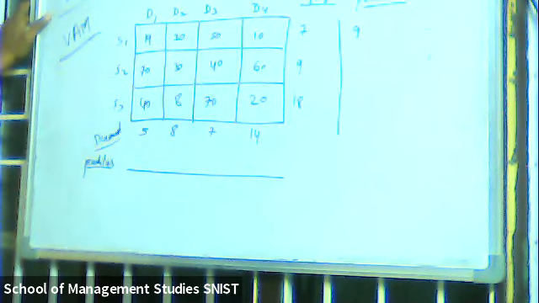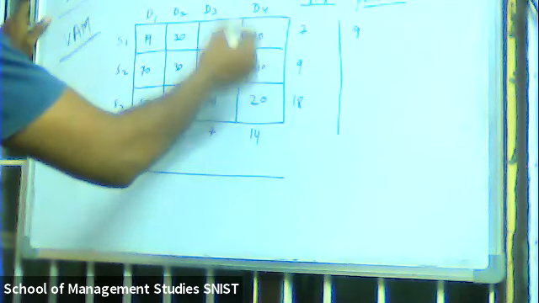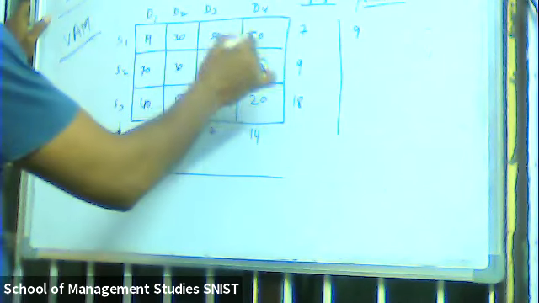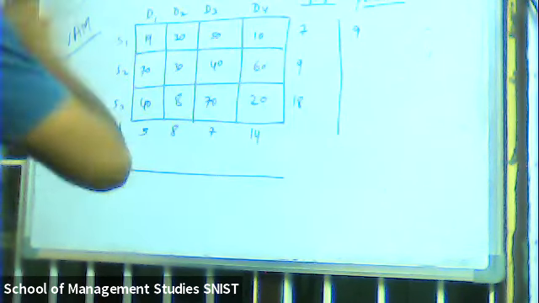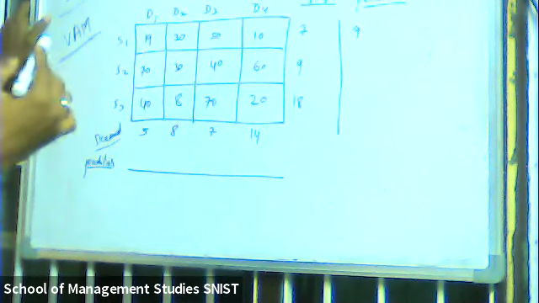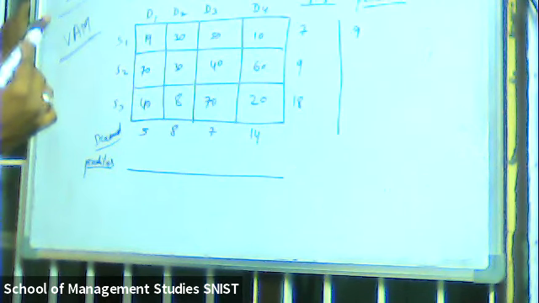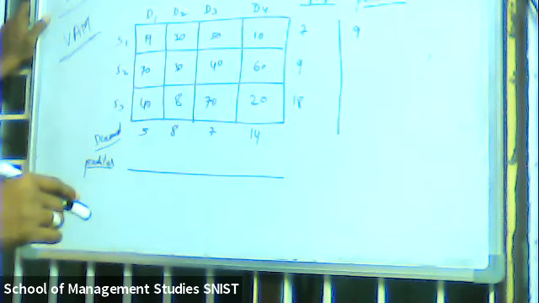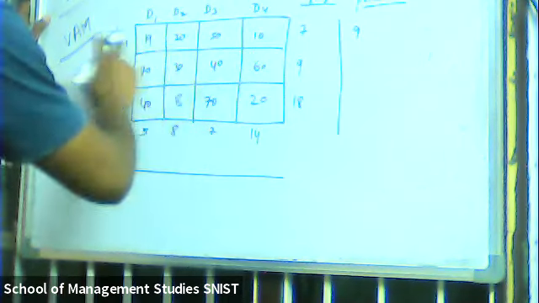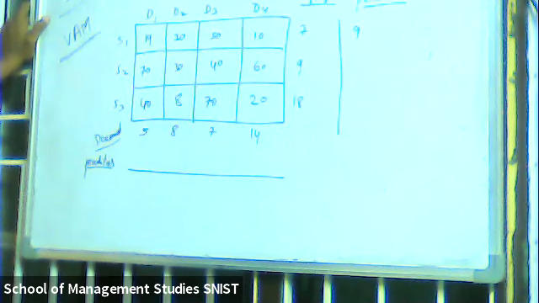Which one is the least value? 10 is the least value at X24. Then in the same row, the next least value is 19. So 19 minus 10, we get 9, the penalty of that row. Is it clear? Yes, sir.